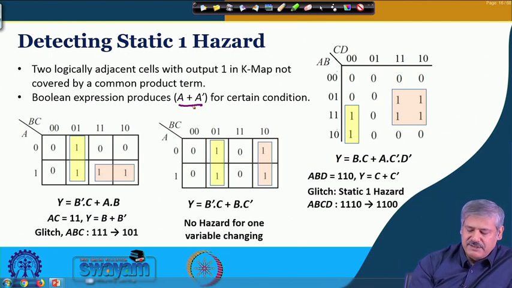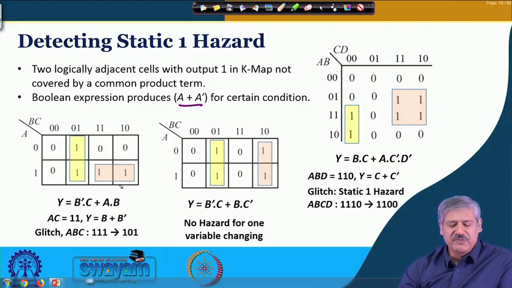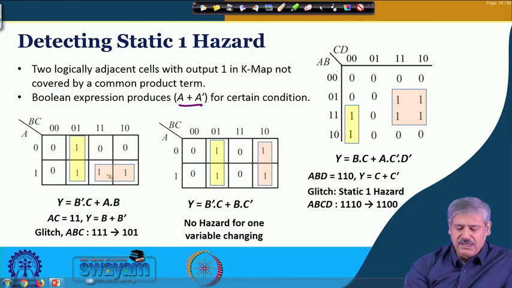Let us look at an example similar to the previous example. These are the two ones and these are the two ones. Obviously, we are forming groups like this, these two prime implicants. Is there a potential hazard? Yes. The rule says: if two logically adjacent cells with output 1 in the Karnaugh map are not covered by a common product term.